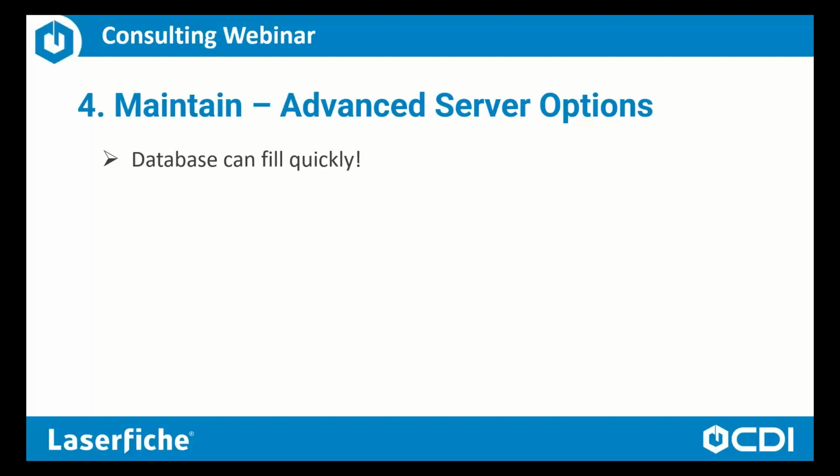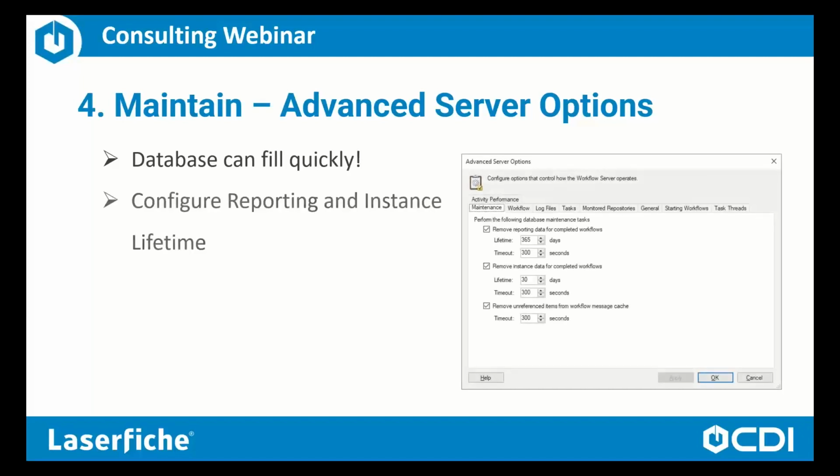The Laserfiche workflow database can fill quickly. A lot of reporting information is stored in the database, and that information is used for reports that we've discussed already, as well as other information. So we can configure the reporting and instance lifetime for our workflow server.